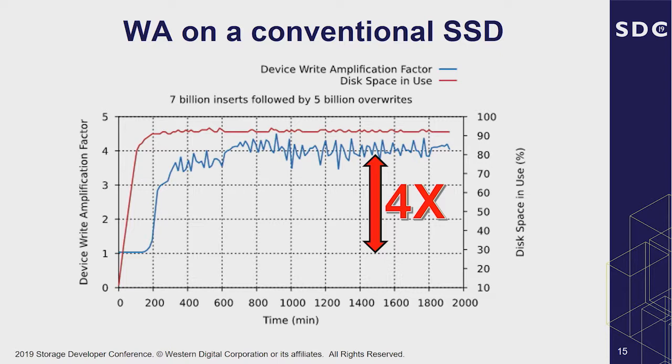And that soon leveled off to a factor of 4x. So that's a lot. Imagine having to do 3 extra writes per user write. So there was definitely room for improvement if we would start using ZNS. So we had something to solve here.